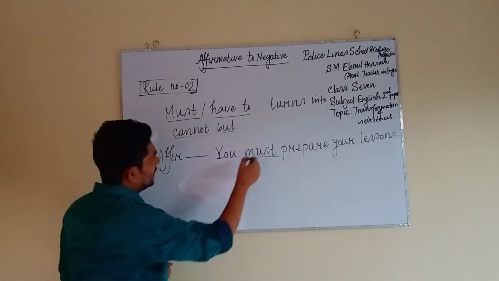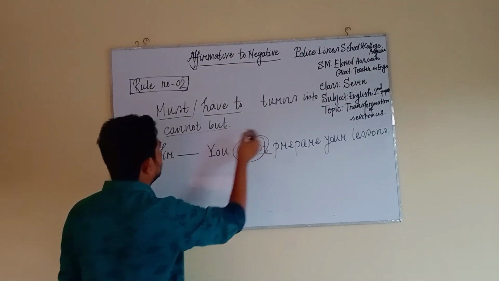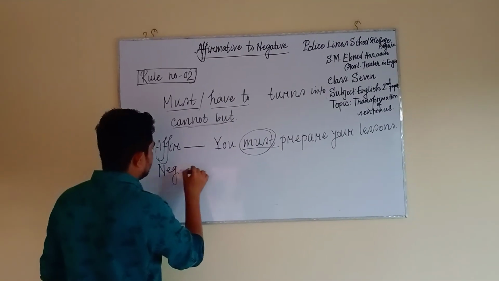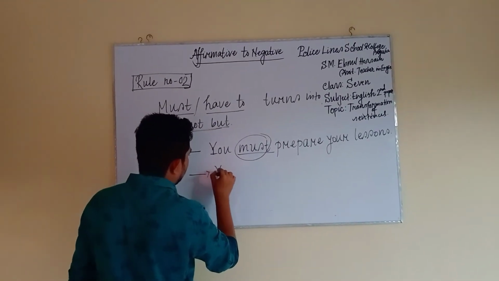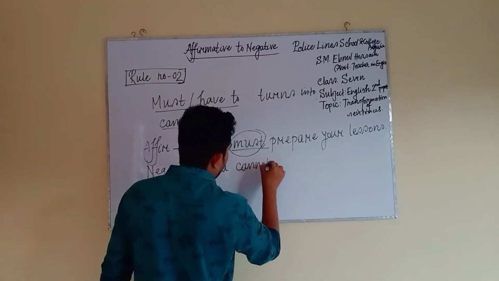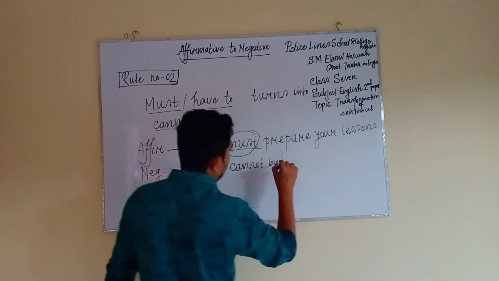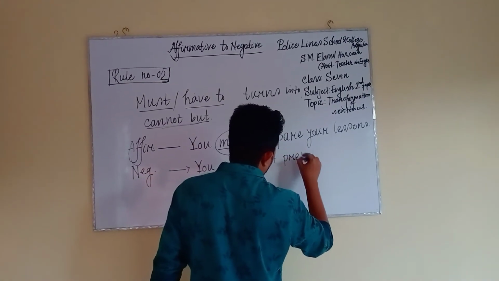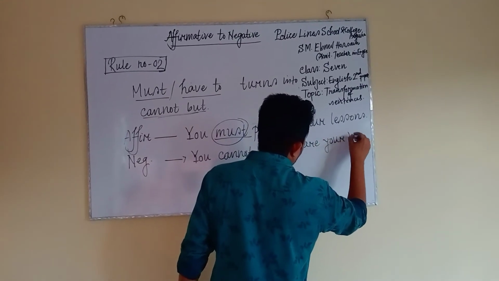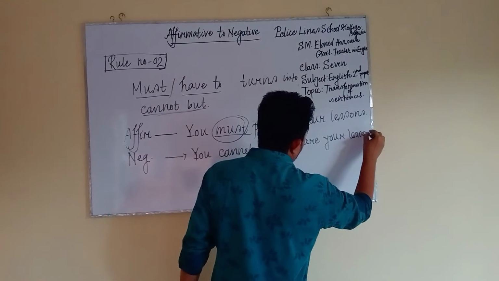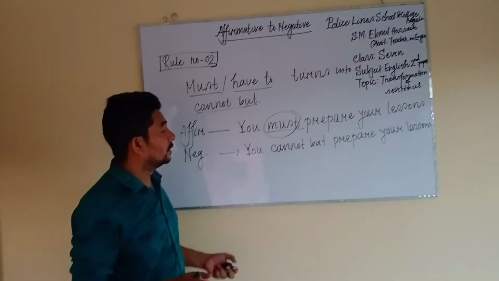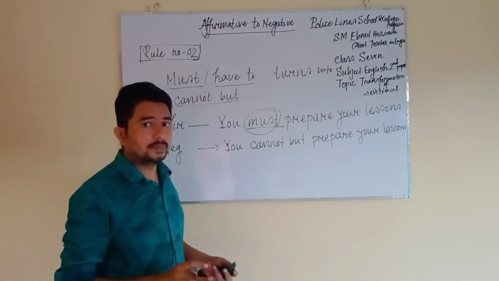So we can change the word must into cannot but in the negative. Negative. You cannot but prepare your lessons. So this is the rule number 2, and these rules are also very important.